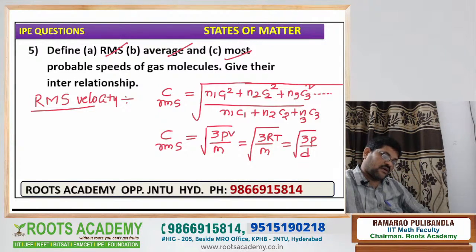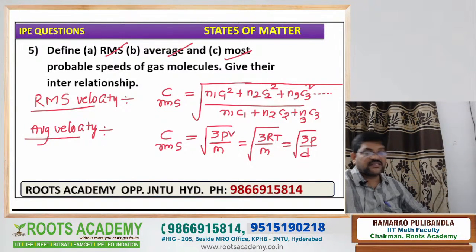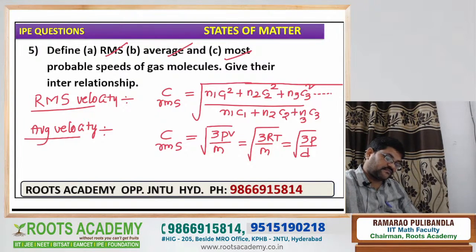Next, come to the average velocity. How do you define average velocity? Average velocity means the velocity possessed by the gas molecules on average among the total colliding molecules. This statement is very important.